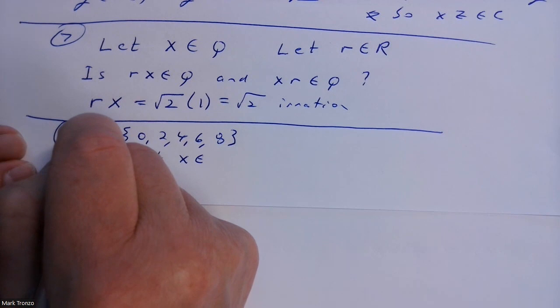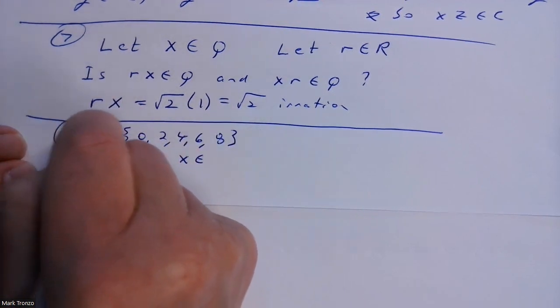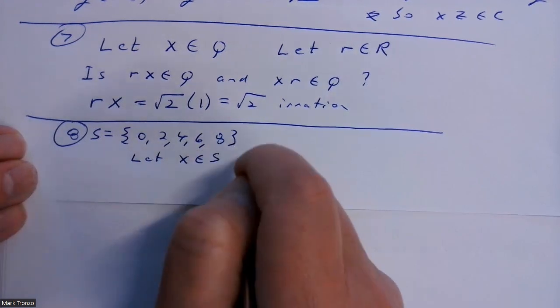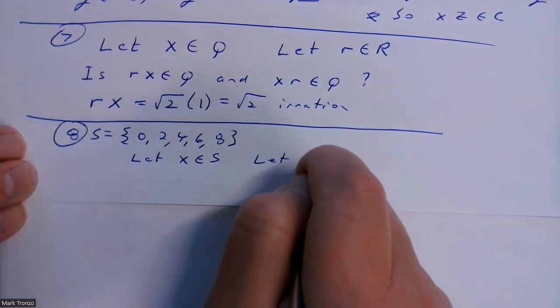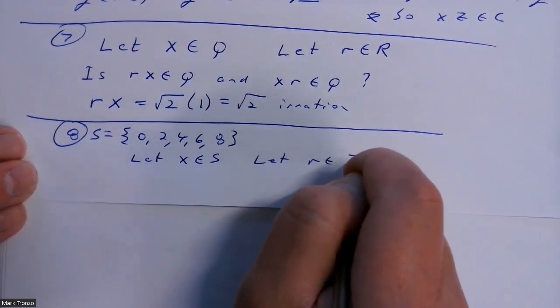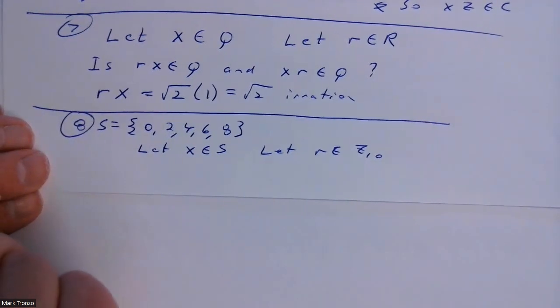Which is a subring, so I kind of told you it's a subring already. Let me just call it S, and let R be in Z10.